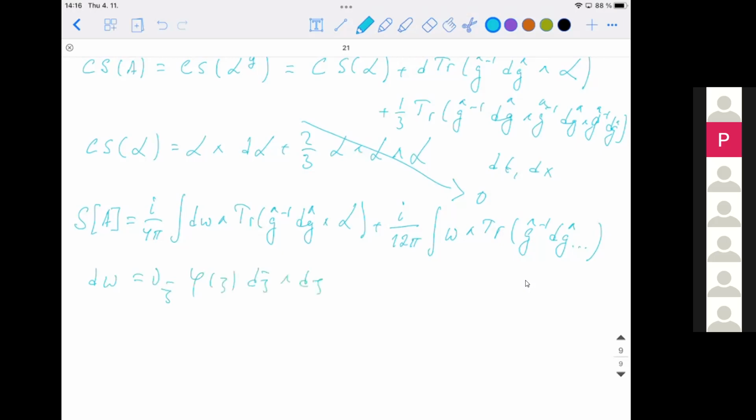So it's a distribution, and in our case, phi is a double pole. So this distribution will be written as a double pole.